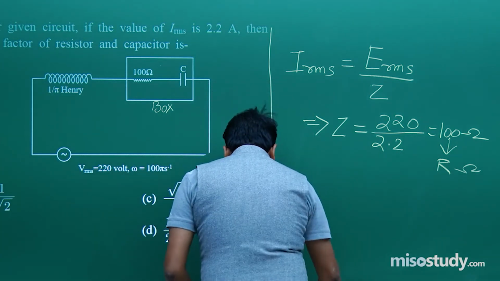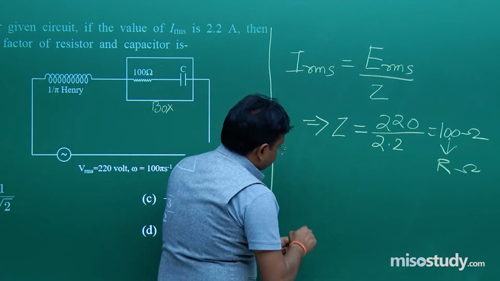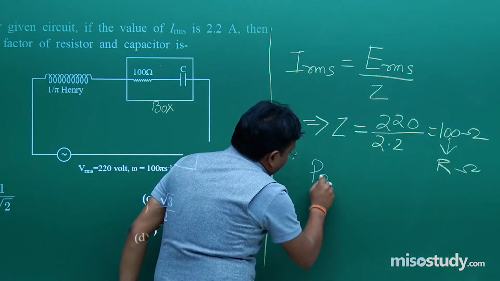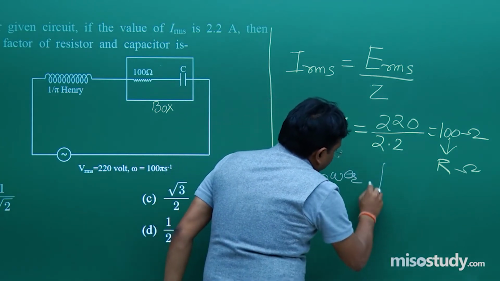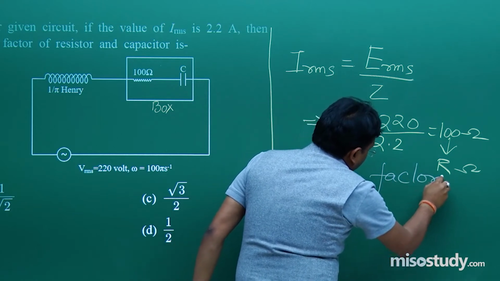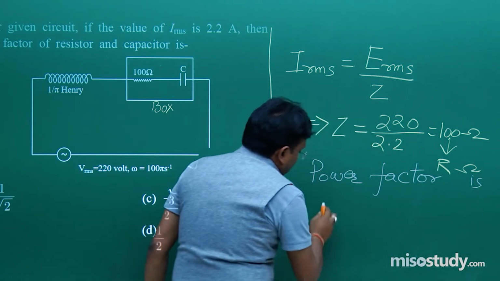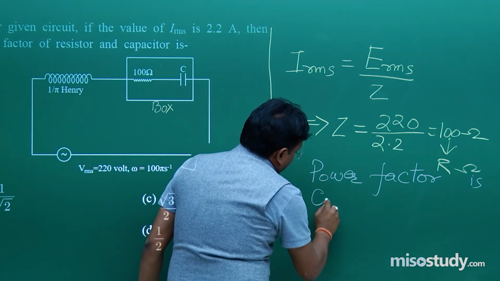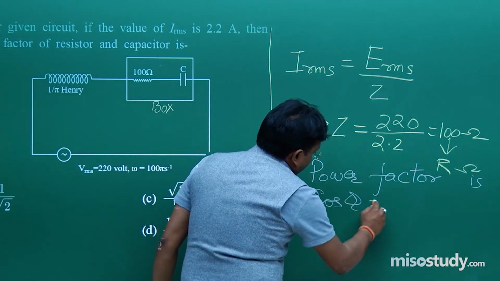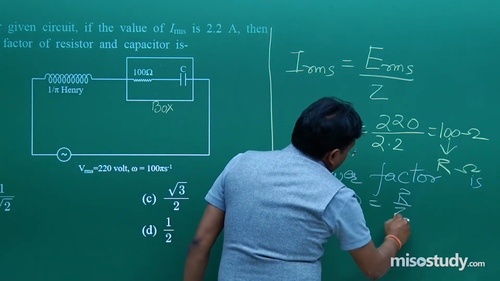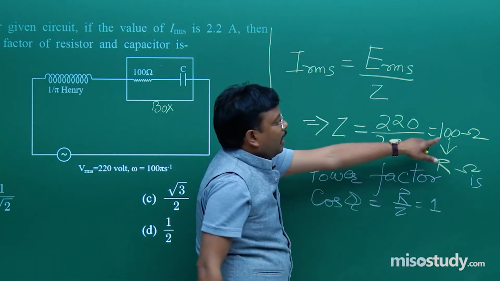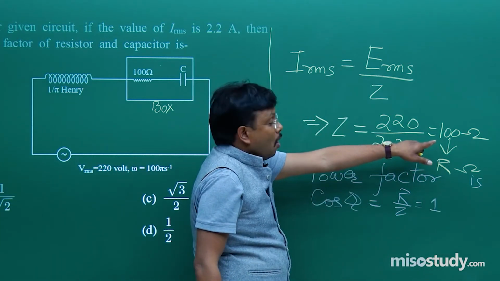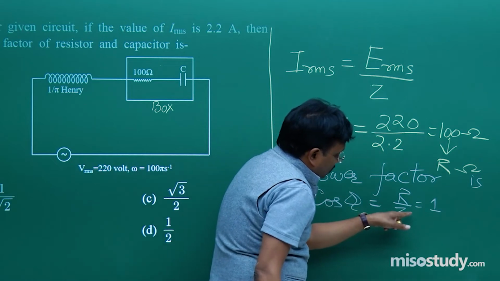So, the power factor, how much is it going to be? It is going to be cos phi is equal to R by Z, which is 100 upon 100, that will give you 1. So, cos phi is equal to this much.